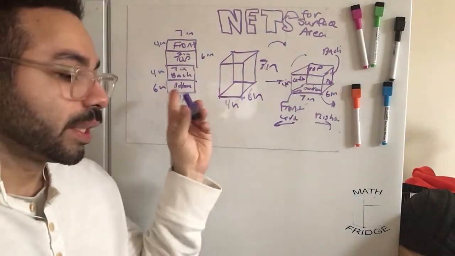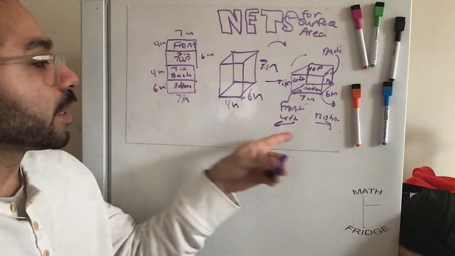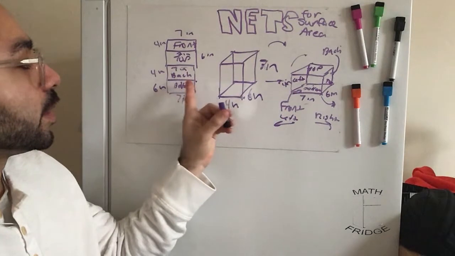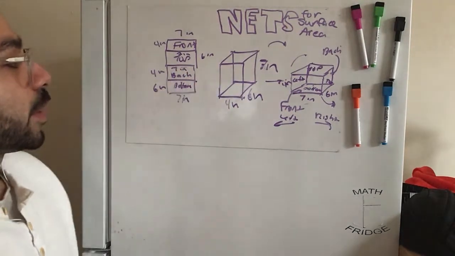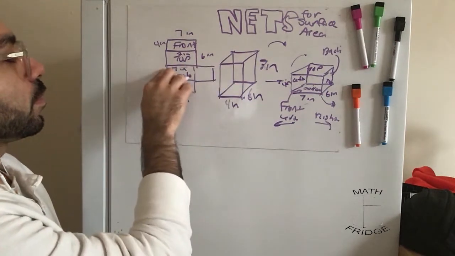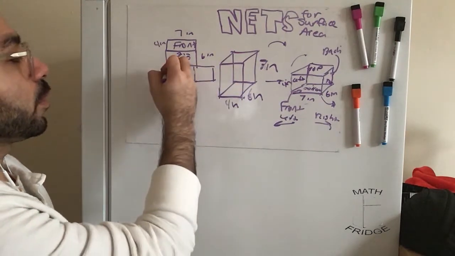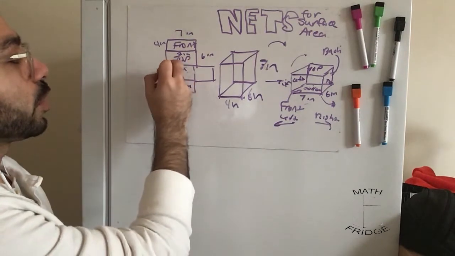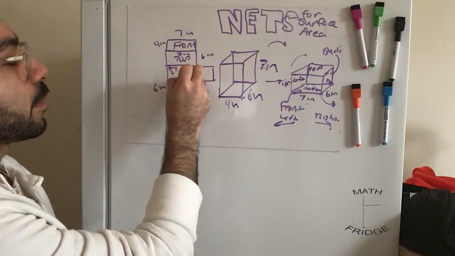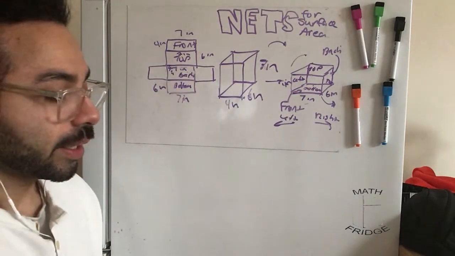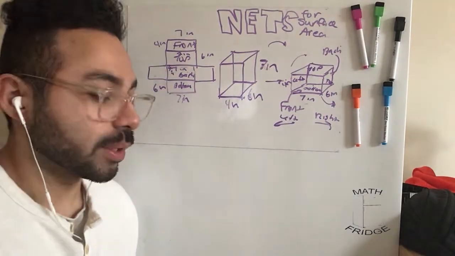You're actually going to want to draw the left and right faces right next to the back rectangle right there. So I'm going to try to fit my 4 inches there, and rewrite my 4 inches right there, back.